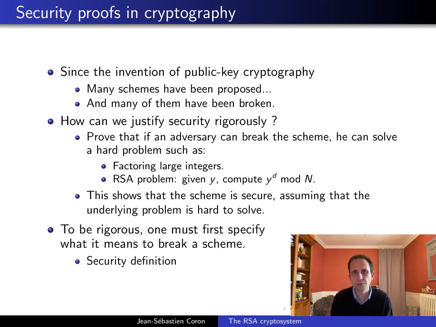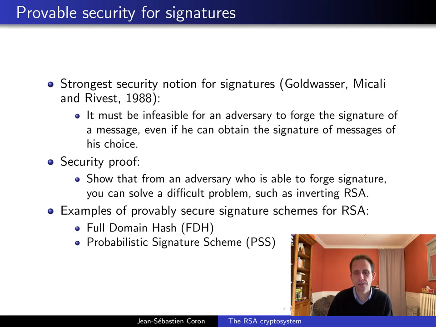So this means that if we assume that inverting RSA is hard, then we have a guarantee that our signature scheme is secure. But for this approach, of course, we must first specify what it means for a signature scheme to be secure, so what it means to break a signature scheme. So for this, we need a security definition.